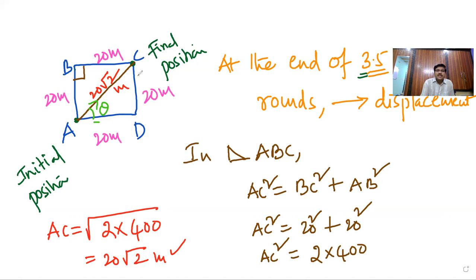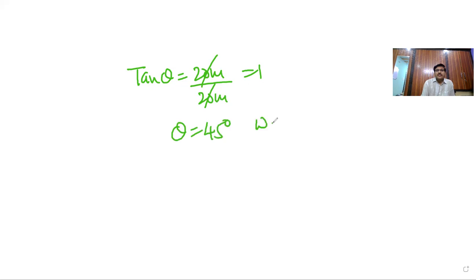The opposite side CD is 20 and the adjacent is also 20. So in the right angle triangle ACD, tan theta is 20 meters opposite side by 20 meters adjacent side. So it becomes 1. So tan theta is 1, theta is 45 degrees with respect to the horizontal AD.